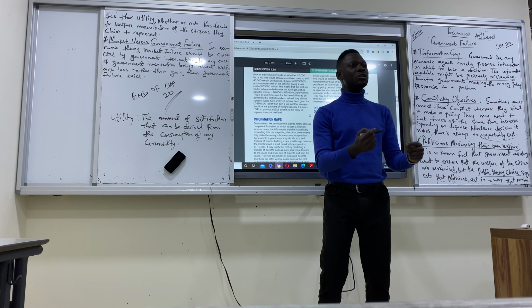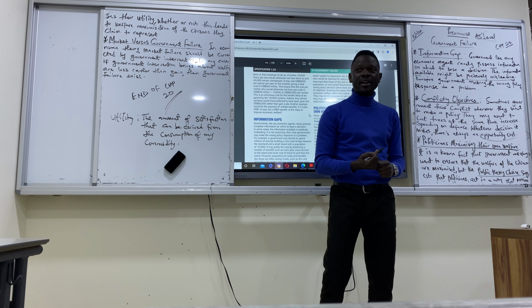In economic theory, market failure should be corrected by government intervention. That is why there's government intervention. So if the free market fails to provide public goods, the government should make provision for public goods. If the free market continues to pollute the air, government should make policies like pollution permits to reduce the pollution of air.